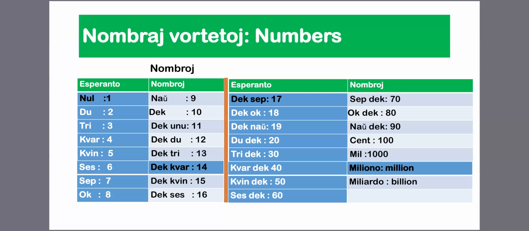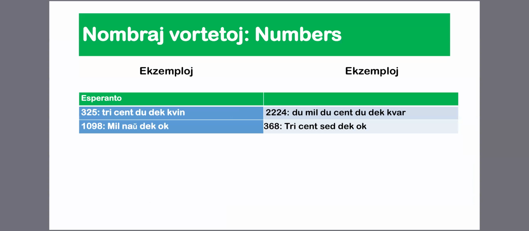100 we say cent. And mil, it's 1,000. Miliono, a million. Miliardo is a billion. So this is how we were reading. And I gave you some examples on how to read numbers. For example, I took 325: tri cent du dek kvin.